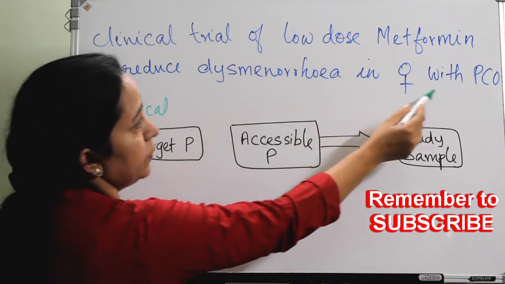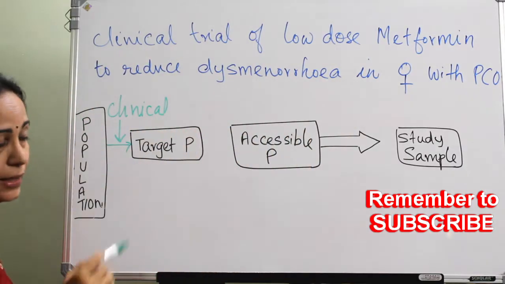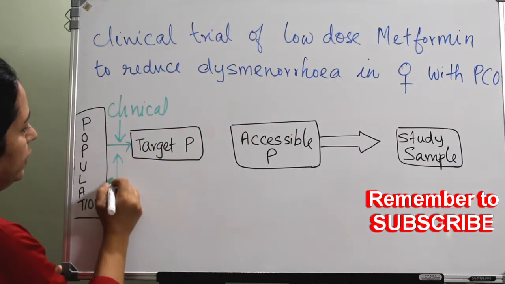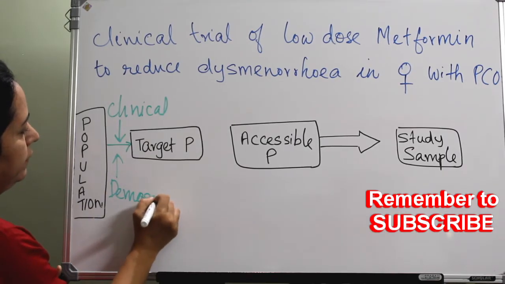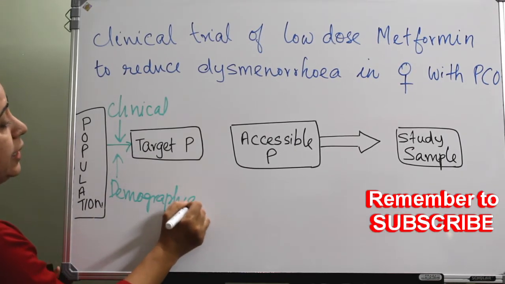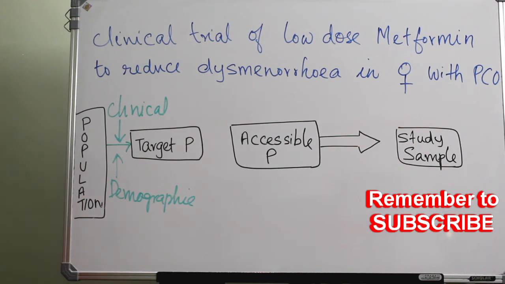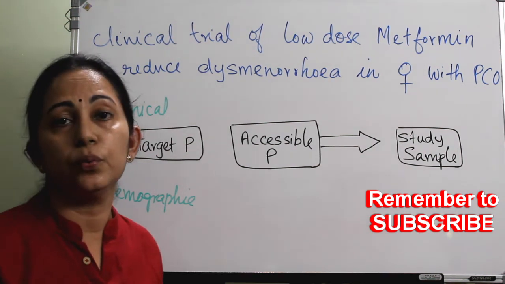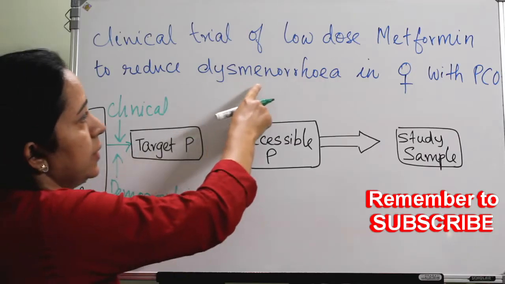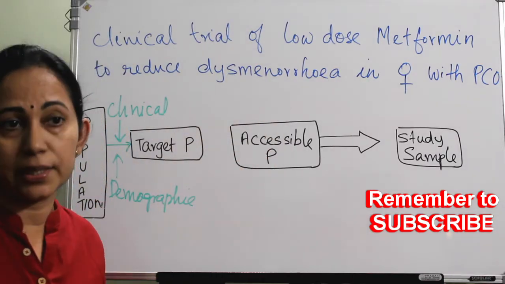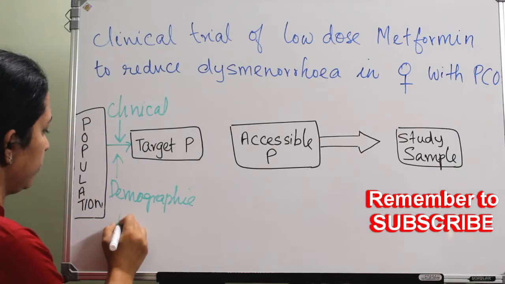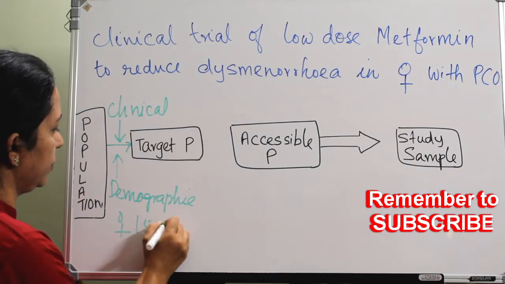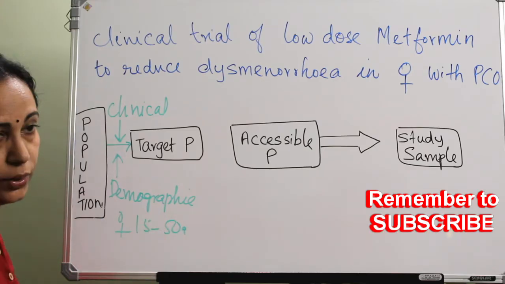Okay, so female with PCO and dysmenorrhea becomes clinical. And what becomes demographic? Actually the age. Females in the age group of 15 to 44, we can tell it because it should be the menstruating age group. So 15 to 50 we can take. Okay, so females of 15 to 50 age becomes a demographic.